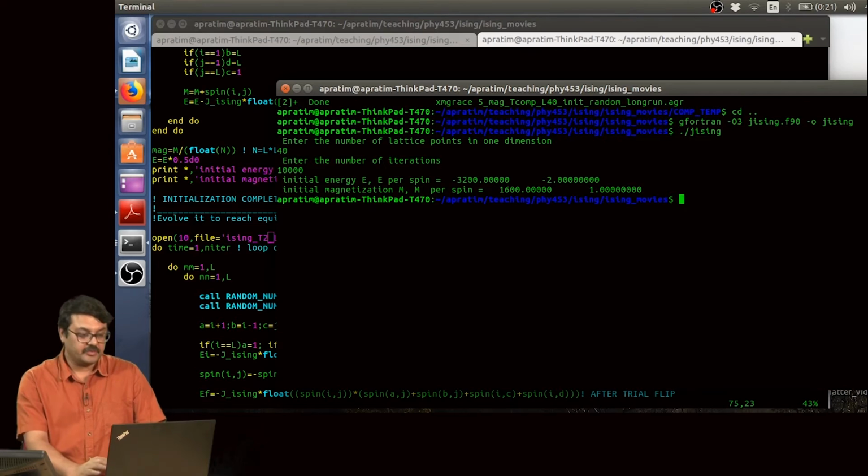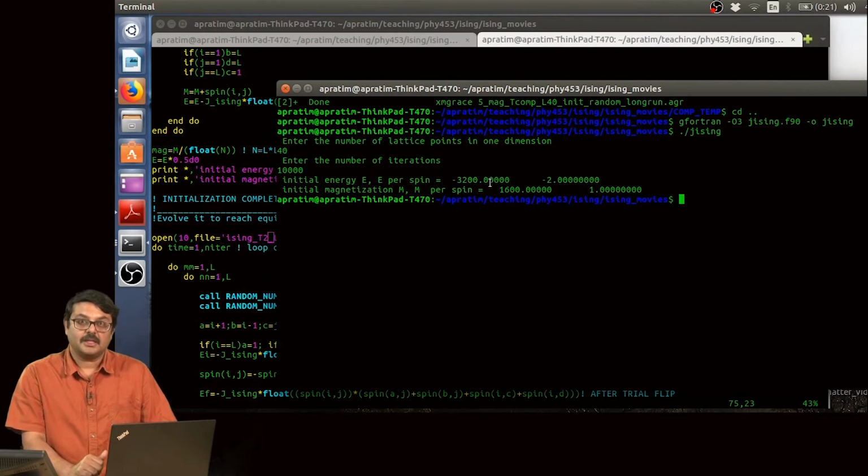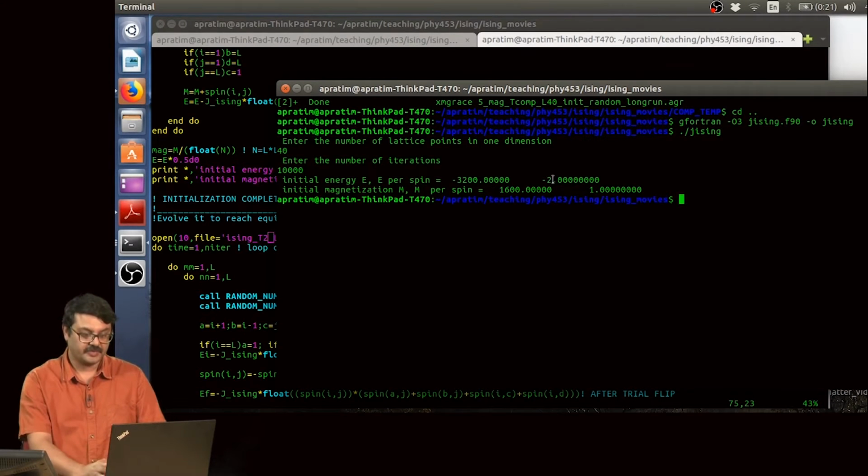Even before we look at the data, note what is written here on the screen. The initial energy for a 40 cross 40 lattice is -3200, all spins were pointing up. So, the energy per spin was -2, which is written here, and you have essentially 1600 spins times -2, which is -3200.